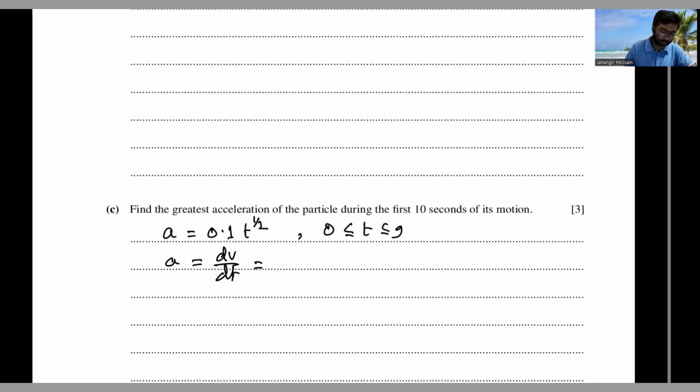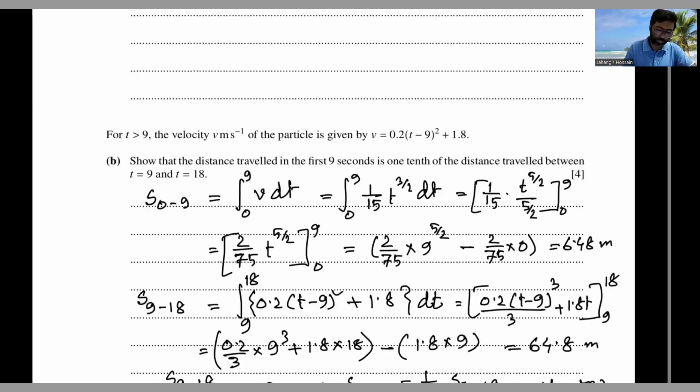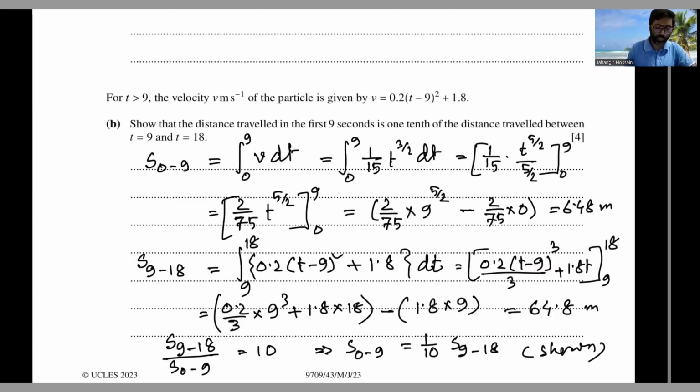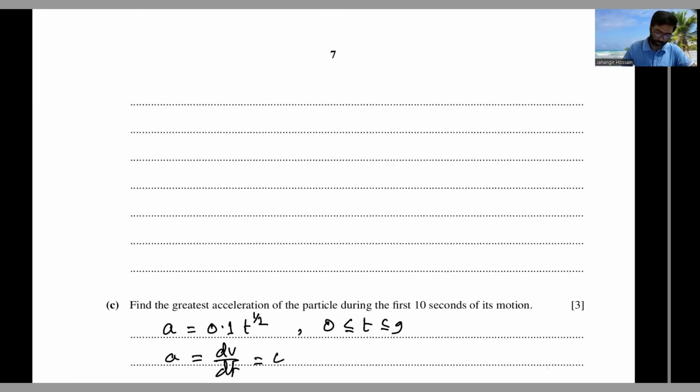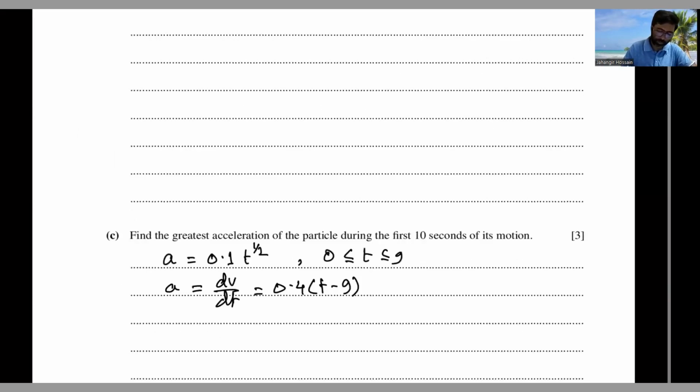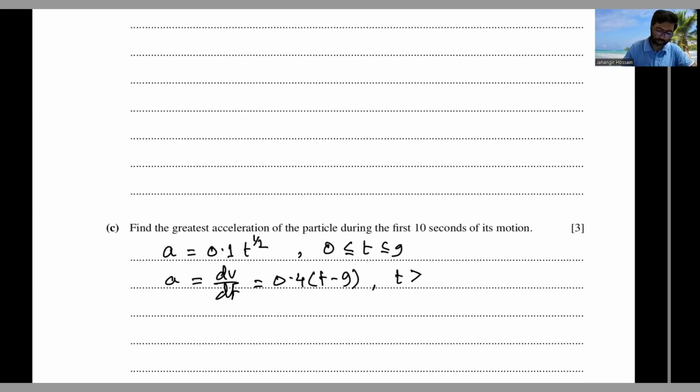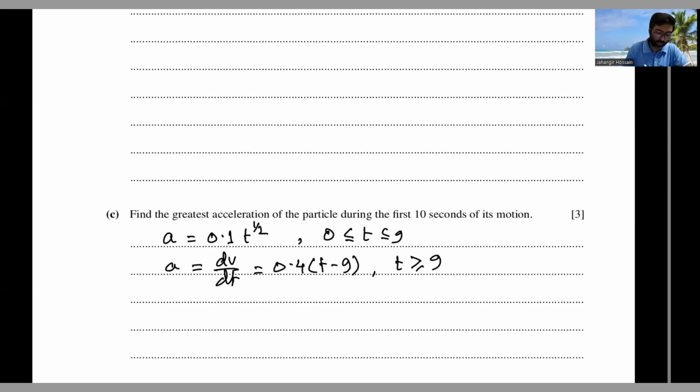If you differentiate the next expression for velocity, it will be 0.4 times (t minus 9), for t greater than or equal to 9. From the first equation, you see as time increases, acceleration increases. So the greatest acceleration from the first equation will be at t equal to 9.